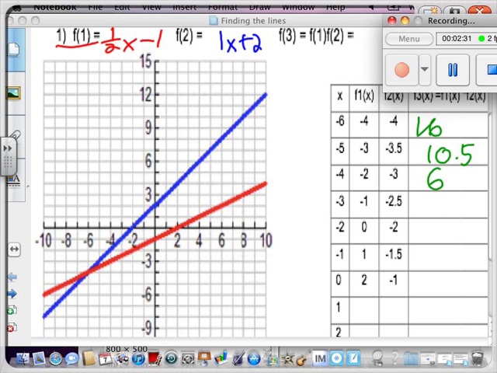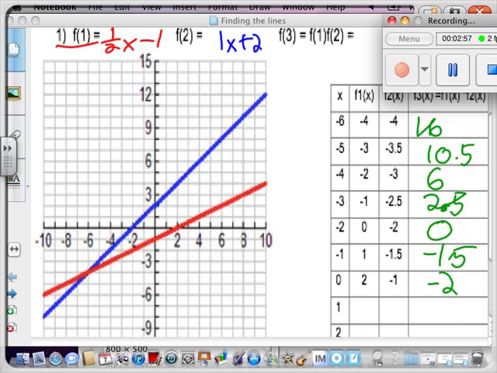Negative 1 times negative 2.5 gives me positive 2.5. What does 0 times negative 2 give me? 0. We're multiplying and adding. What does 1 times negative 1.5 give me? What does 2 times negative 1 give me? Okay, and then it stops because I've got to find the rest of my stuff.